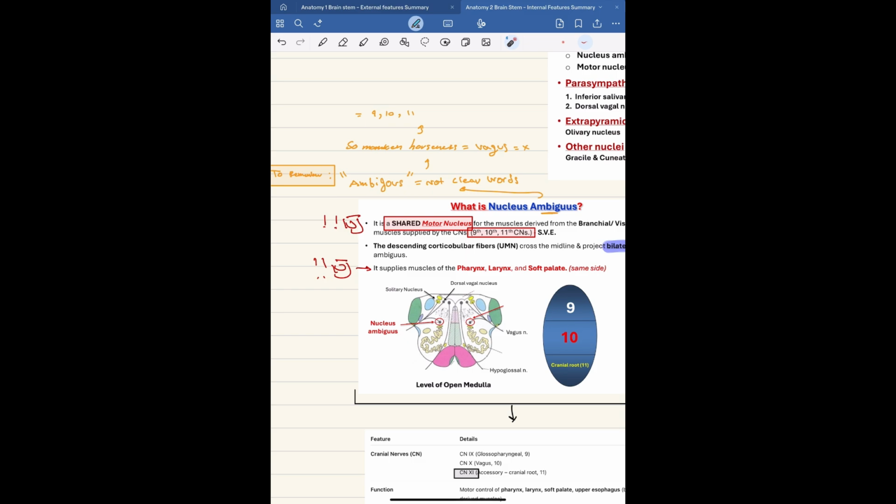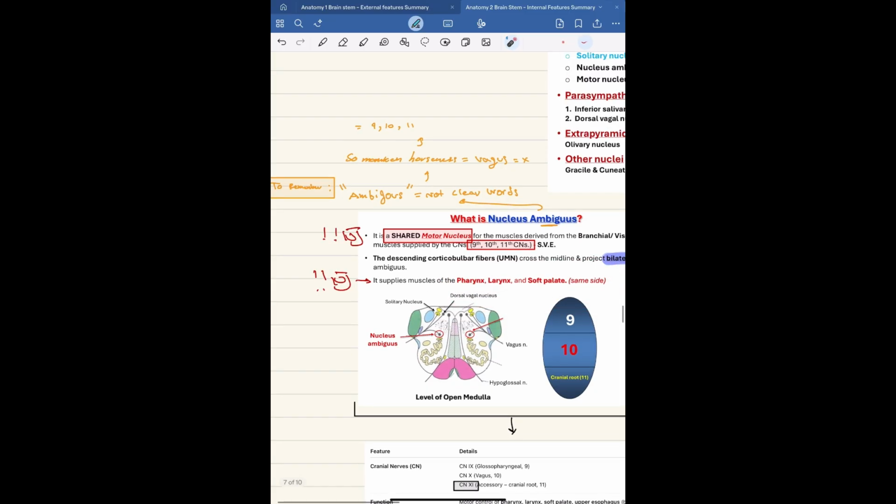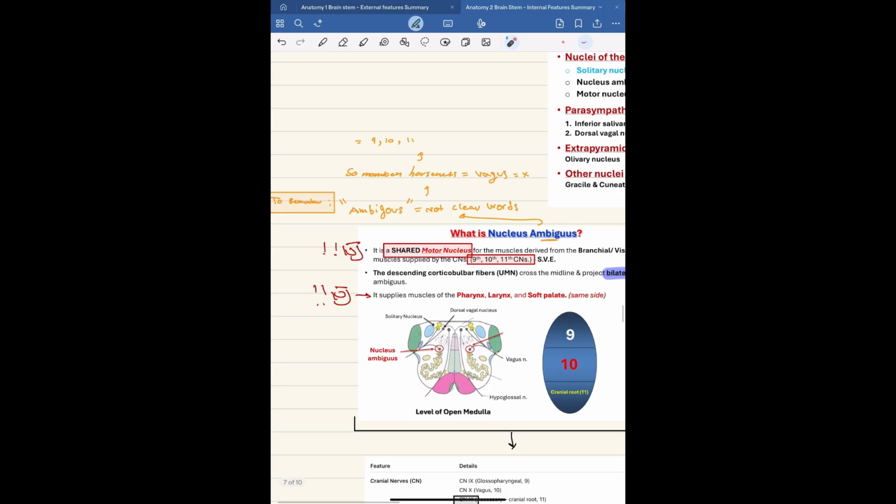So I remember the structures: the pharynx, the larynx, the soft palate. And when you're not saying clear words, for some reason I remember the hoarseness, I remember the vagus nerve, and then I can link it in a continuous way. The vagus nerve is 10, so I just need to continue it: 9 behind it and 11 in front of it. Okay?